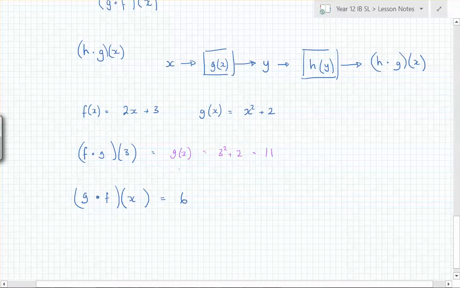And then I need to do f of 11, which is 2 times 11 plus 3, which equals 25. So f of g of 3 is 25. That's my final answer. So actually when it's for numbers, it's easier just to keep the two things separate.